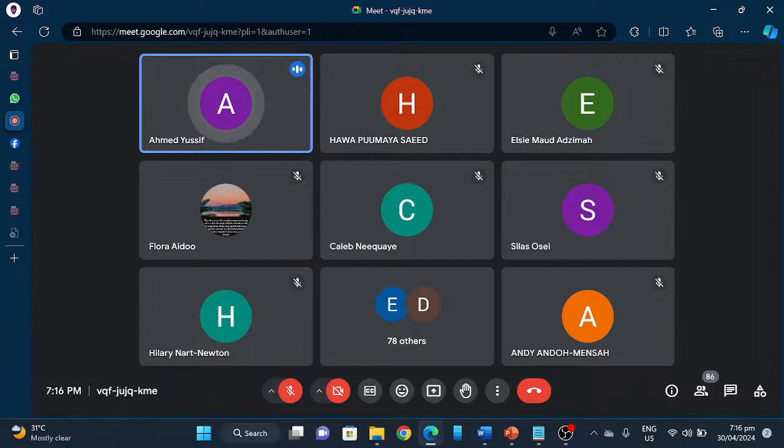So 3 doses make up the primary immunization. You say your immunization is complete when you receive 3 doses. So when you receive one now, 1 month after you receive the other one, then 6 months after you receive the other one. So that forms primary immunization.